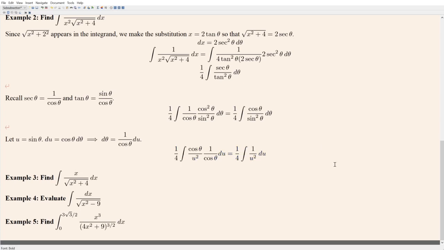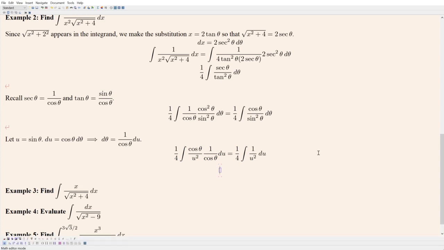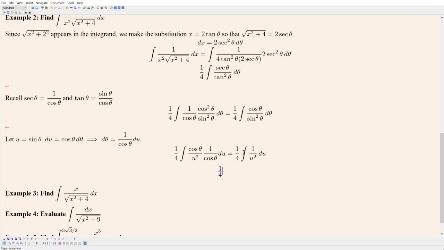Okay, so finally we have obtained an integral where we can just hit this with the power rule. This is u to the power negative 2, so we end up with u to the power negative 1 divided by negative 1.